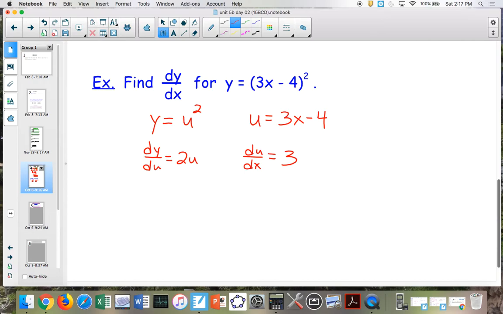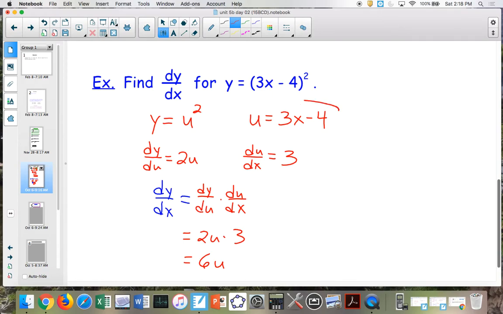So now when I want to find dy dx, I'm going to have to multiply dy du, which is 2u, times du dx, which is 3. So I get 6 times u.